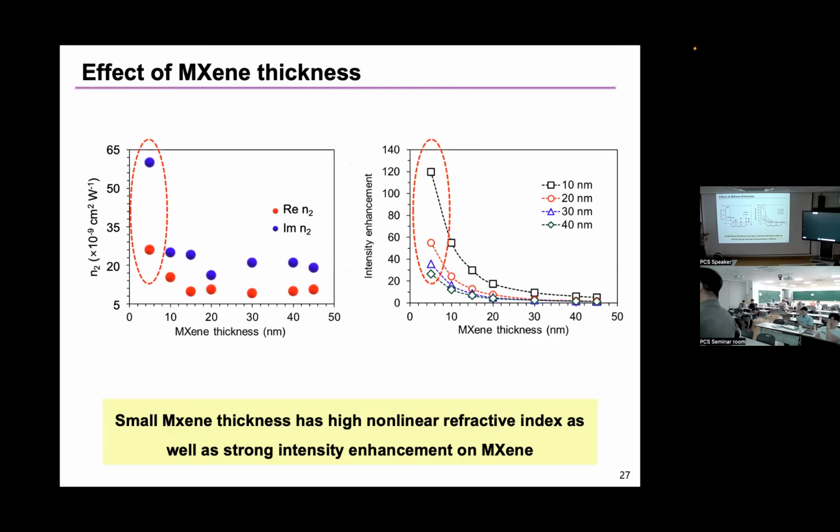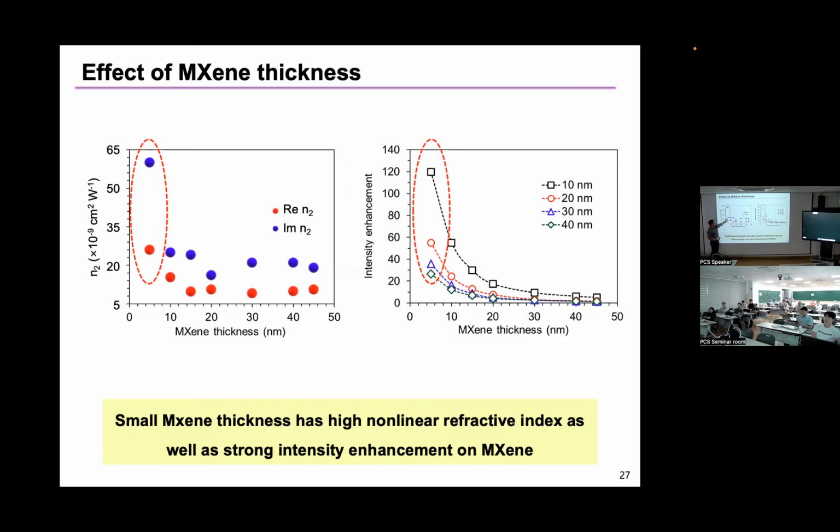First, we measured the pristine MXene's n2 value, the nonlinear values. This nonlinear value is also a function of the MXene thickness. So as you reduce the MXene thickness, we can get a large nonlinear coefficient of this pure pristine MXene structure.